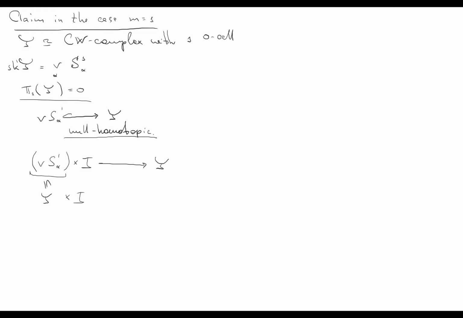Now, the Borsuk theorem says that I can extend this homotopy to the whole Y. But this homotopy is a homotopy between the identity map and the map that maps the whole one skeleton to the point.